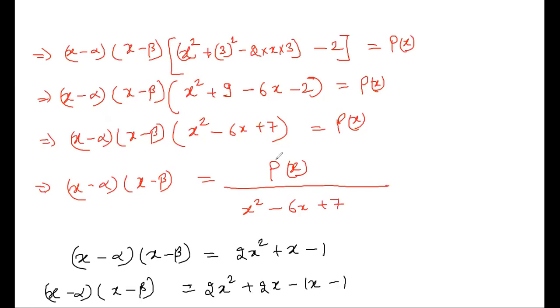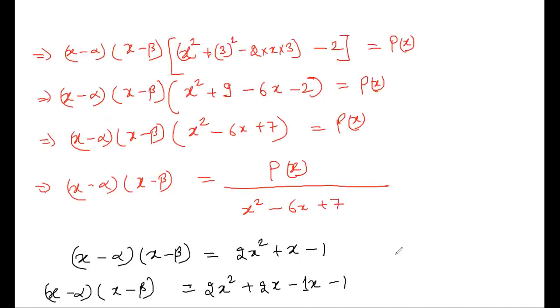So मैं next पेज जाता हूँ. यहाँ -1x लिखा ना, स्प्लिट किया इसको, देखिए. स्प्लिट कर दिया. तो मैं लिख सकता हूँ (x - alpha)(x - beta), मैं फिर से वही लिख देता हूँ 2x स्क्वायर प्लस 2x माइनस 1x माइनस 1.